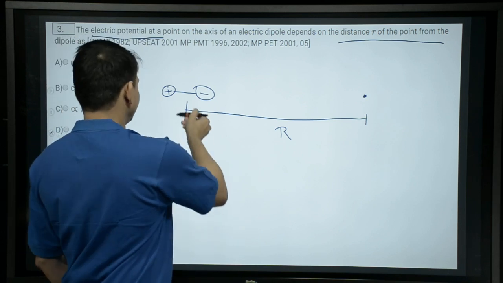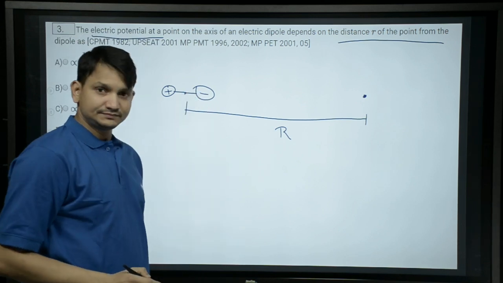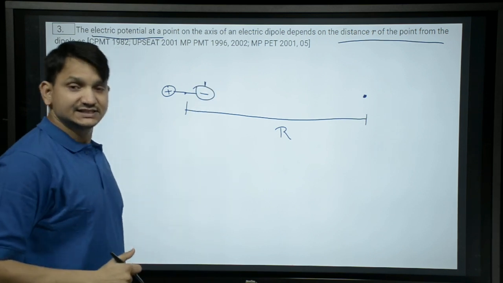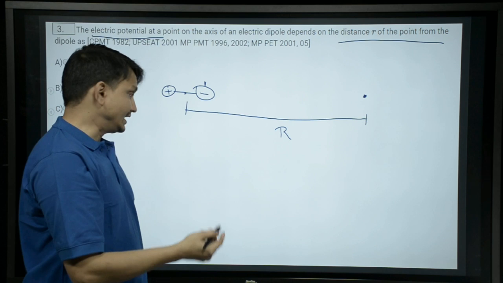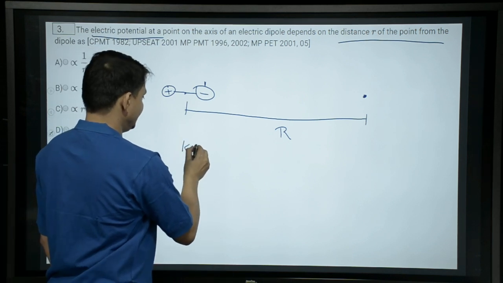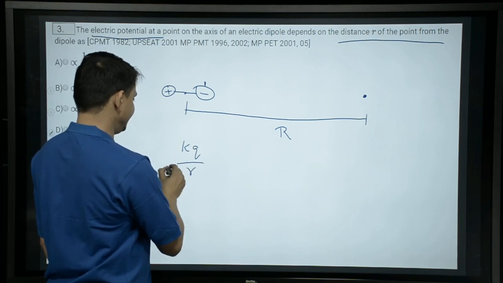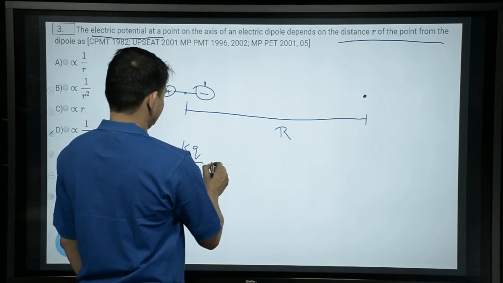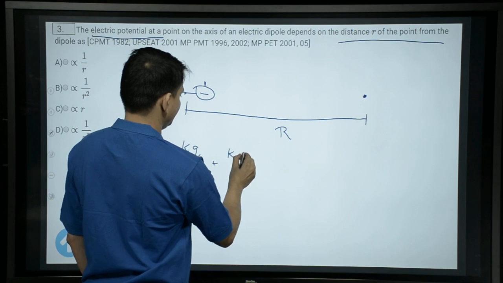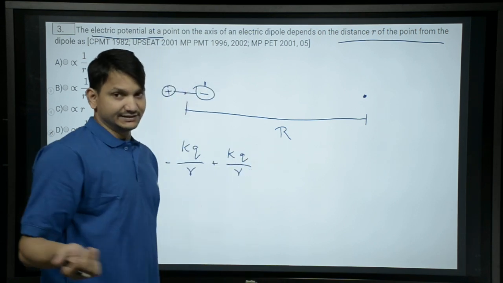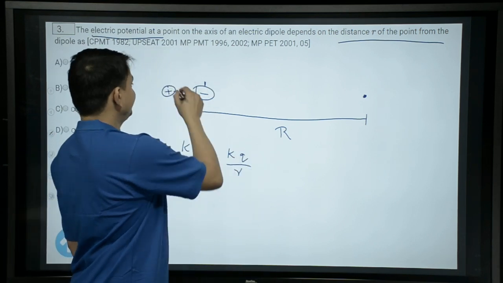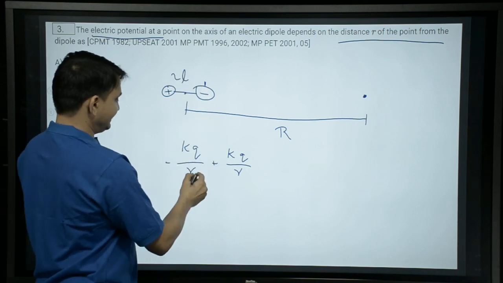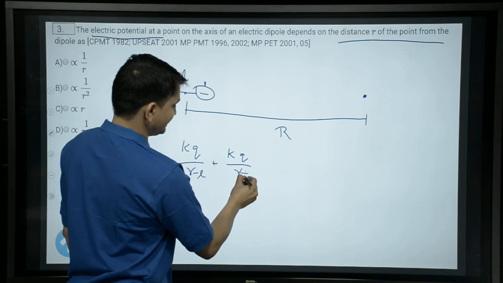This distance r from the center of the dipole. In that, the potential because of this negative charge would be KQ by r, obviously being negative, and this one by positive. So it's getting cancelled, right? But obviously we have this length 2L here. So we would be having R minus L and R plus L, right?